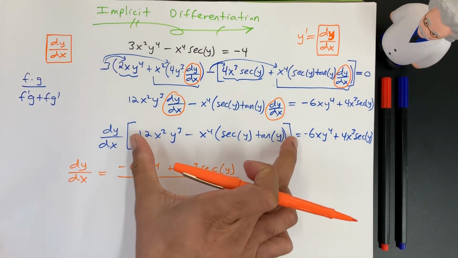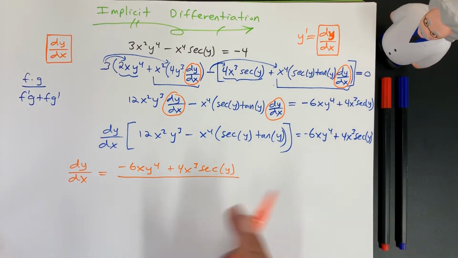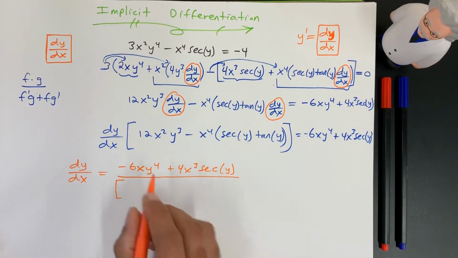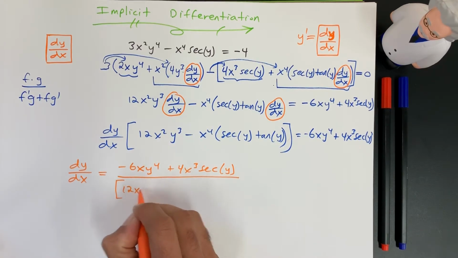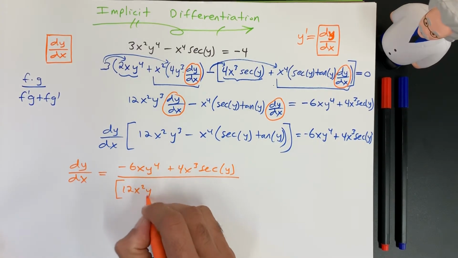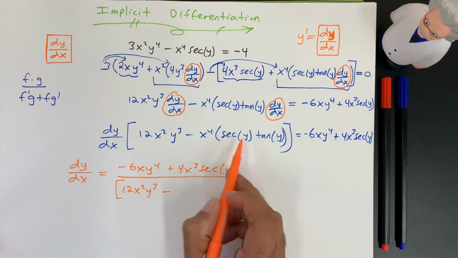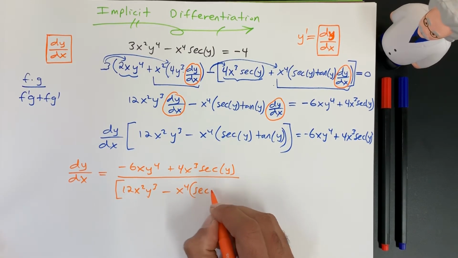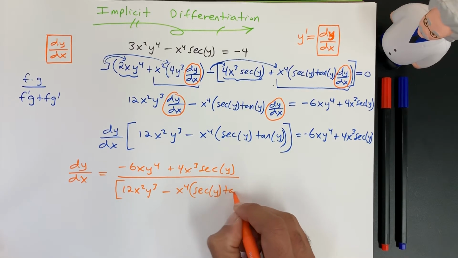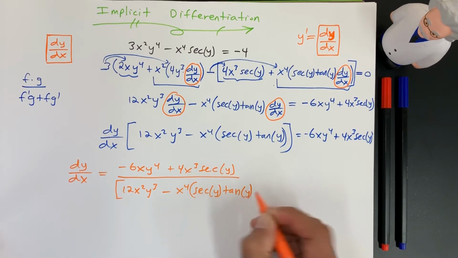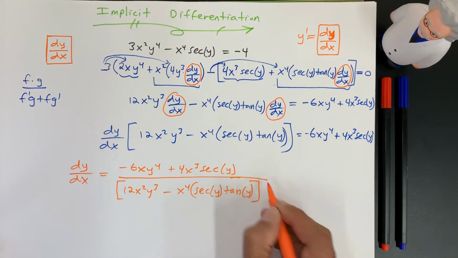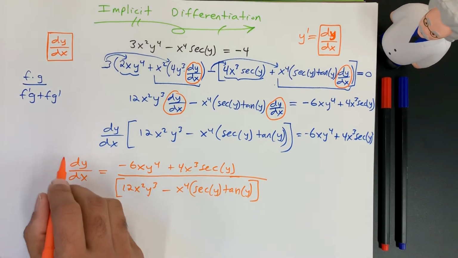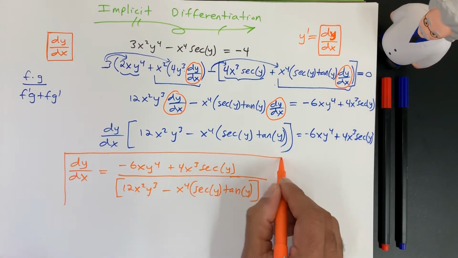We're gonna take this whole thing and just divide it to the other side as a whole. So I'm gonna keep the bracket. This first term is 12x squared, we got y to the third, and this is x to the fourth secant of y tangent of y and close bracket. Okay? So this right here is what we were looking for.